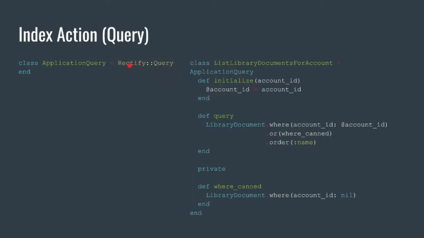I used a gem called Rectify, which is an accumulation of other gems that introduce convenience functions for implementing those patterns, like form objects, query objects, and presenters. Again, it follows the Rails convention and shields the implementation from the fact that we're using this package.